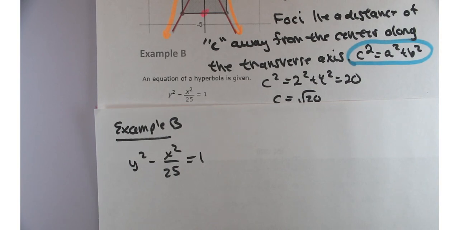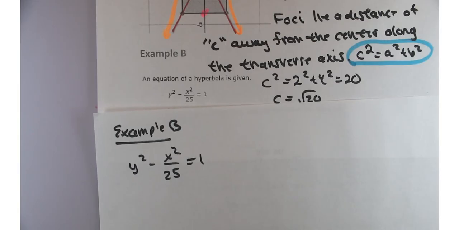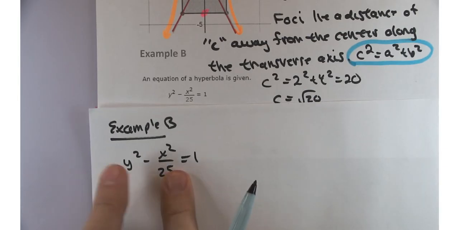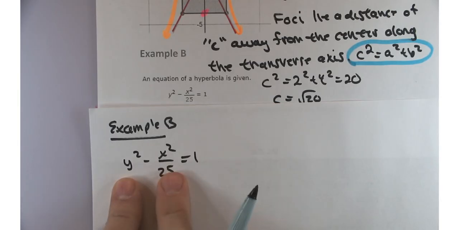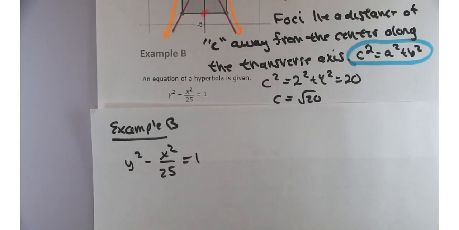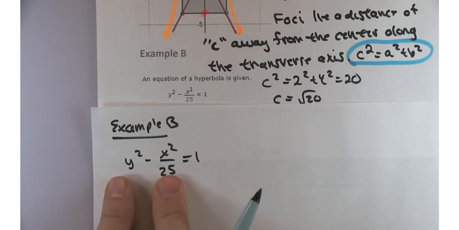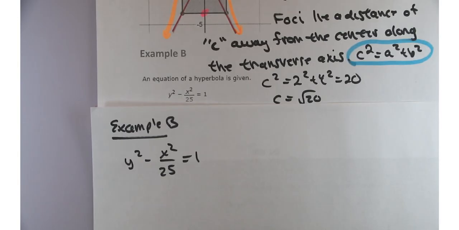How come it couldn't be like a parabola or an ellipse? Got a minus, good. You've got two squared terms, one of them's positive, one of them's negative. So it's going to be a hyperbola. If you had two squared terms and they were both positive, it'd either be an ellipse or a circle. If you have one squared term, then it's going to be a parabola.